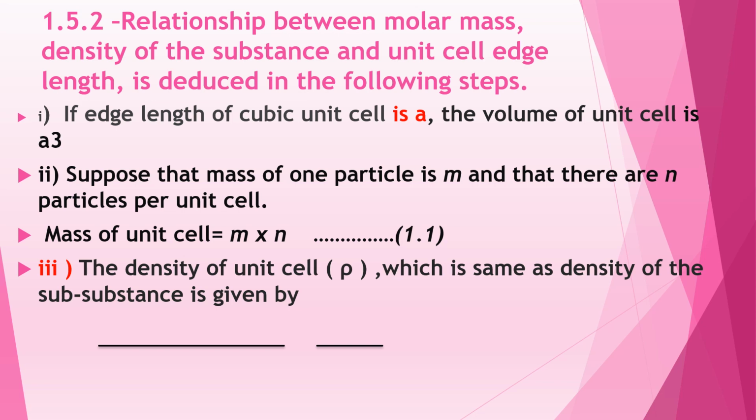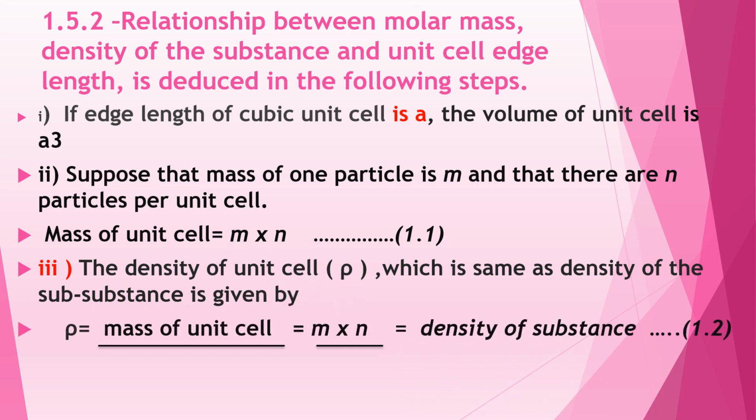Next, the density of the unit cell, rho, which is the same as the density of the substance, is given by rho equal to the mass of the unit cell divided by the volume of the unit cell, which is m into n upon a cube, equal to the density of the substance.